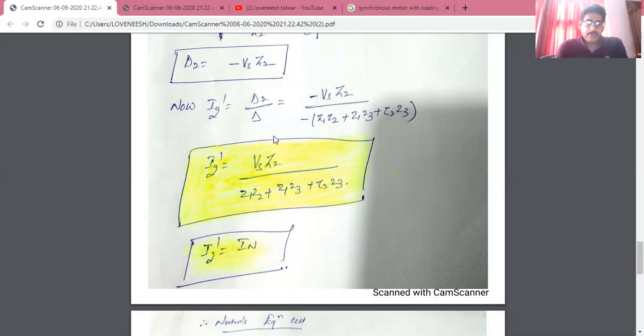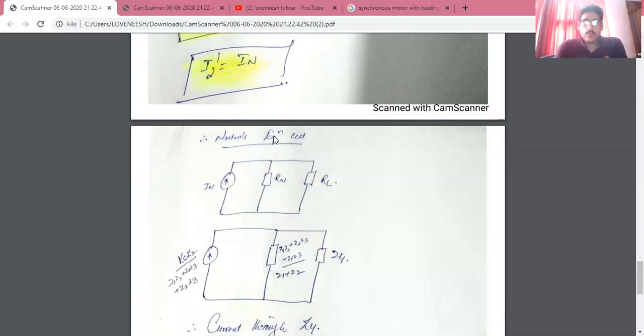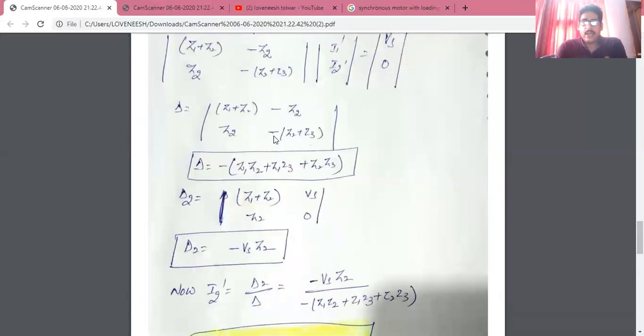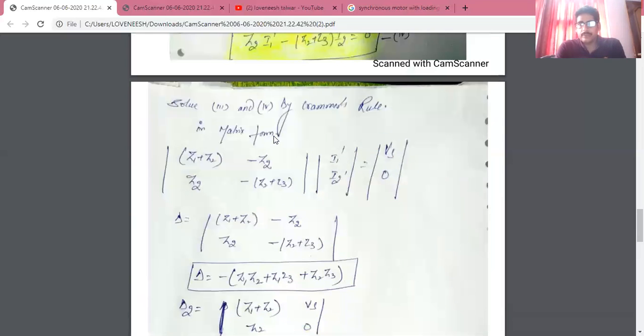After that, you calculate the equivalent resistance, the same as in the case of the Thevenin circuit. Its equivalent resistance is the same as in Thevenin's theorem. So for calculating the equivalent resistance, you can refer to my previous video on Thevenin's theorem.